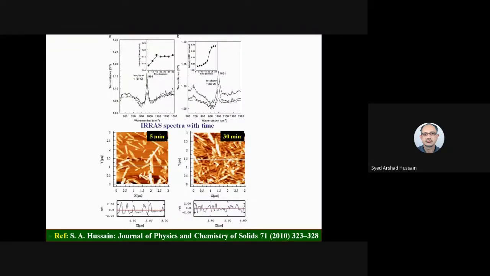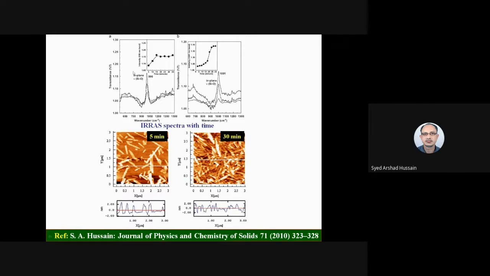Here you see the plot of the SiO vibration. We already showed that the silica tetrahedron is there in the clay. So if you measure the SiO vibration intensity using IRRAS, you see that with time it increases. That means the number of clay sheets coming on the surface is increasing with time, and after some time it flattens.